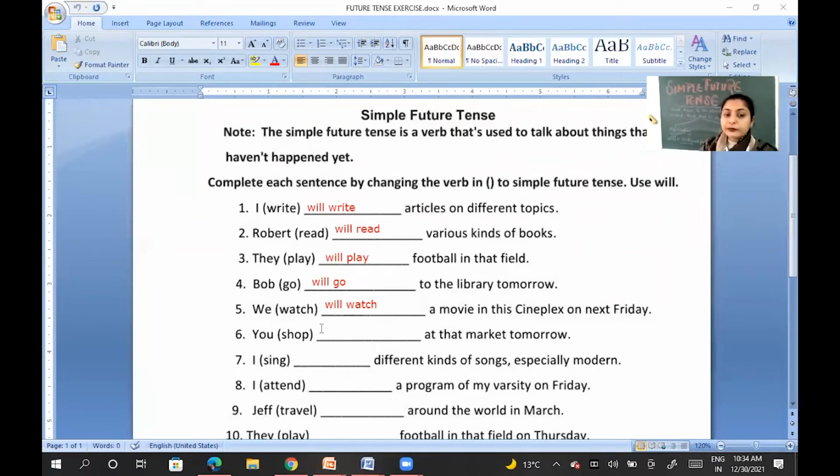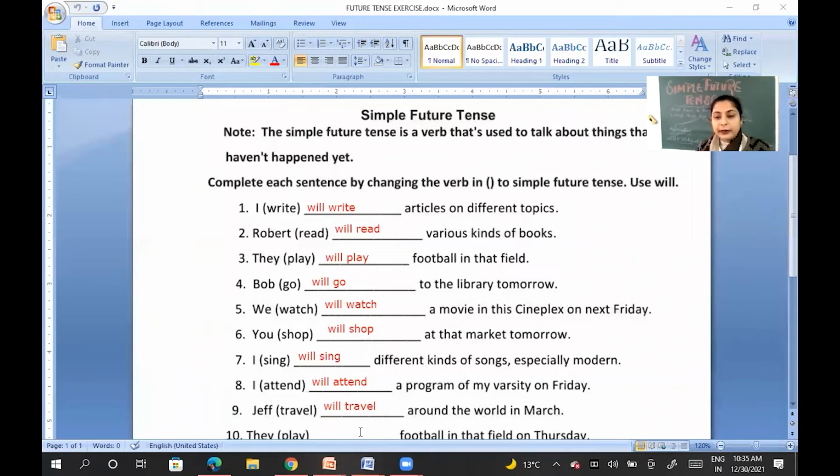You will shop at that market tomorrow. I will think. So simply adding will changes the sentences into future tense. I will attend a program of my varsity on Friday.